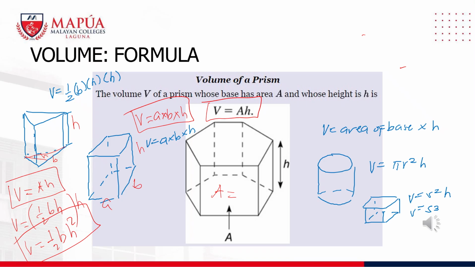In talking about prisms, class, this is the general formula for the volume of a prism: volume is just area times the height. Assuming that the base and the top are the same, you can calculate the area of the base or the area of the top.